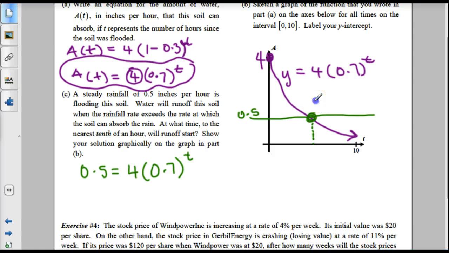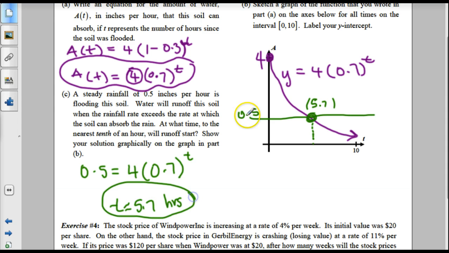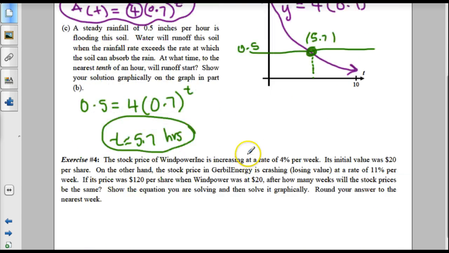Here is actually, we can say 5.7, that's fine. So t equals 5.7, it's approximately, so not equal to, let's just say we're approximating this, because it was like 5 point something something. 5.7 hours, that's when it's going to be at 0.5.